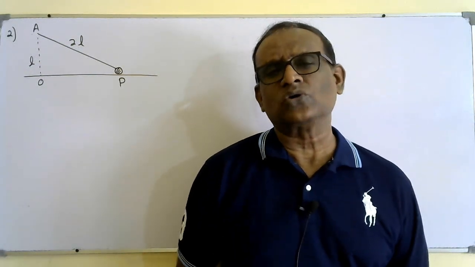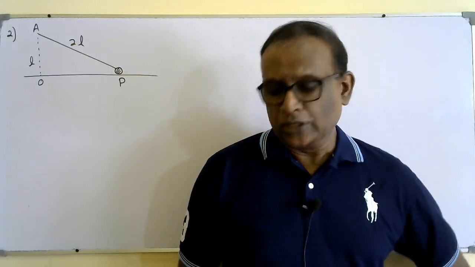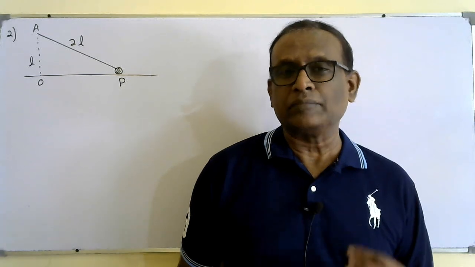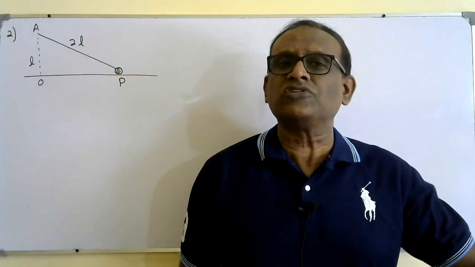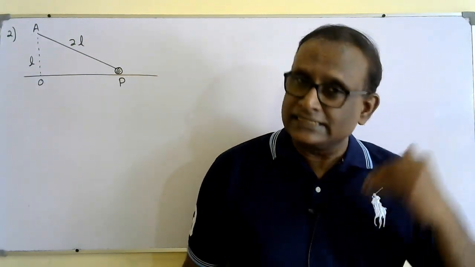So that means you know how to get that. When you read the question, you should get the idea, because the particle can follow a circular path without touching the floor also. It's not necessary to touch the floor, but here they are saying it's touching the floor.